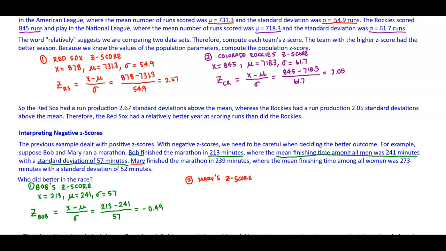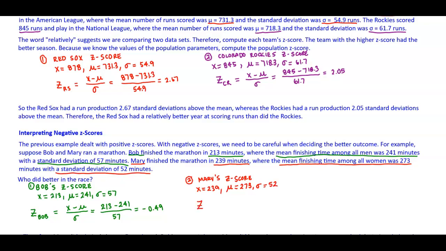She finished the marathon in 239 minutes, so her data value is 239 minutes. The mean time for all women was 273, so the population mean for women was 273. And the population standard deviation is 52 minutes.